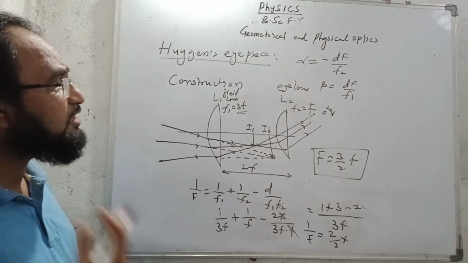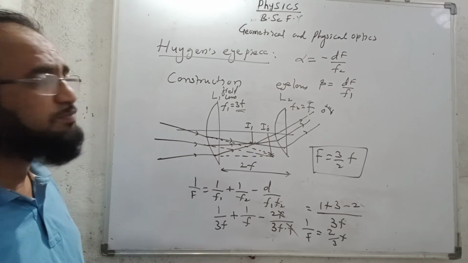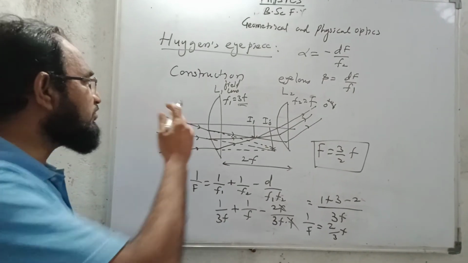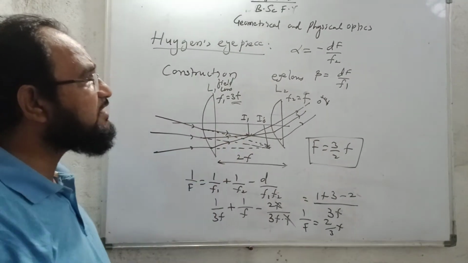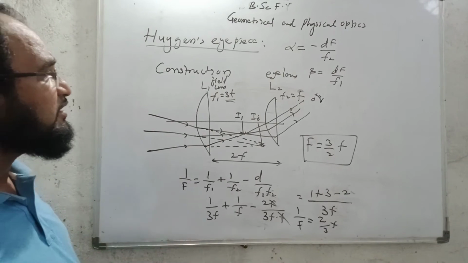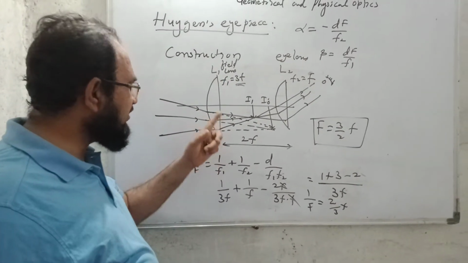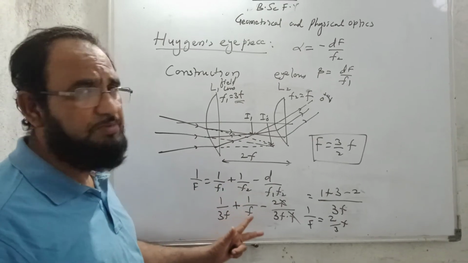That is the position of the first principal point from the first lens, and the position of the second principal point from the second lens. So this is all about the construction and working of the Huygens eyepiece.